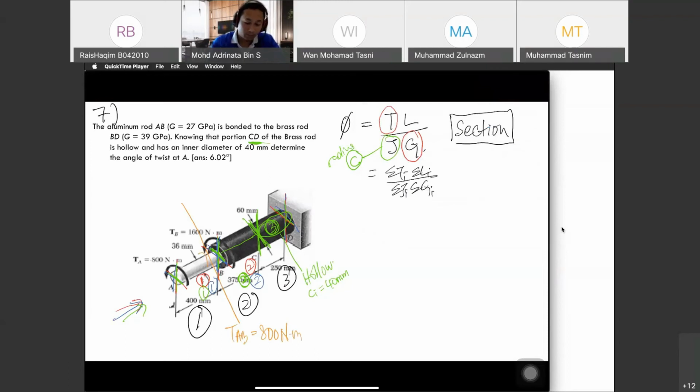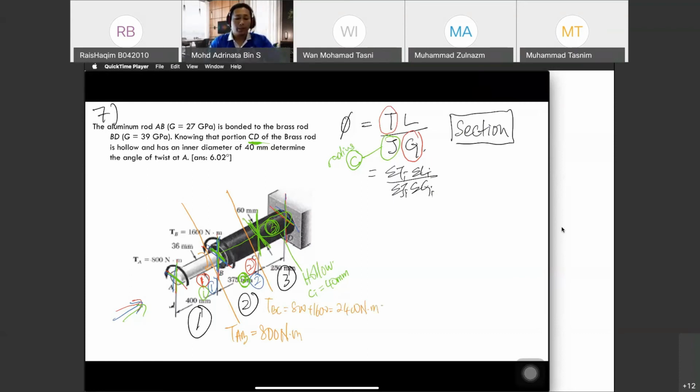This way. Okay, then when we cut here, ini the whole lah, samalah, tak ada perubahan. So TBC is equals to 800 plus 24.